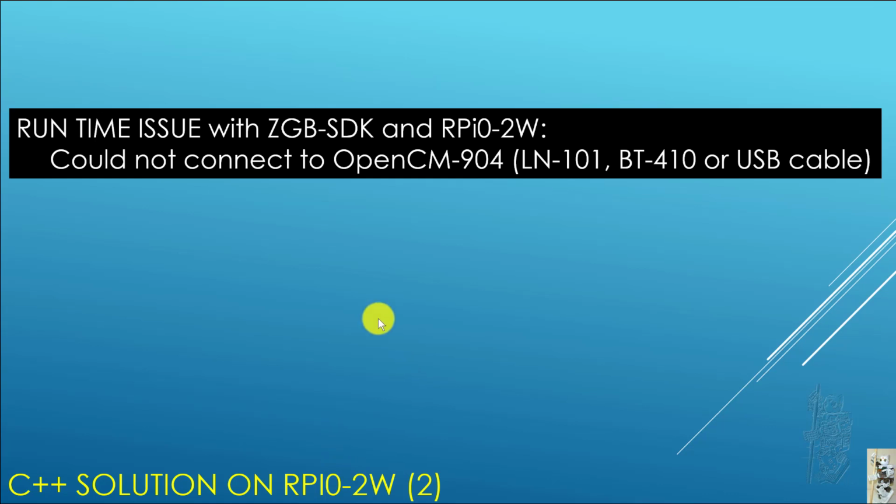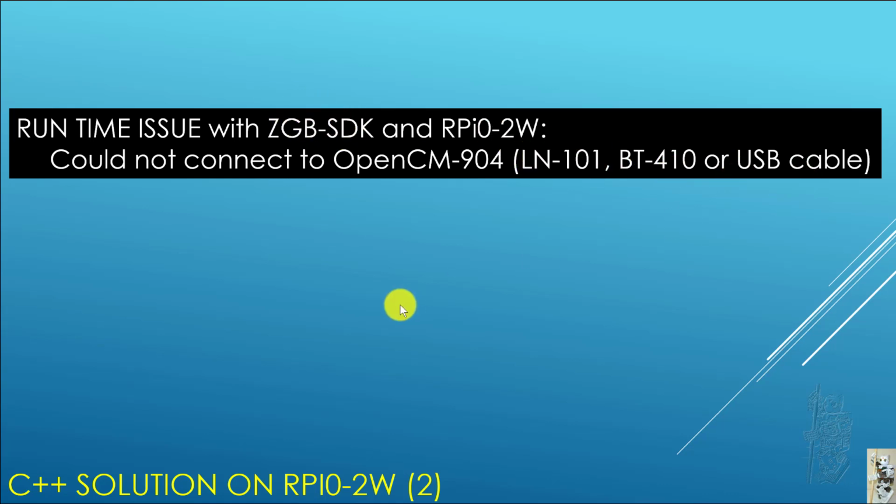There's some kind of runtime issue with the ZGB-SDK and the RPi0-2W. I have tried all three types of connection, and the RPi0-2W OS reported that it finds those devices, no problem. But the software just cannot connect. The first command was to connect to this port, basically connect the ZigBee, but it doesn't work.